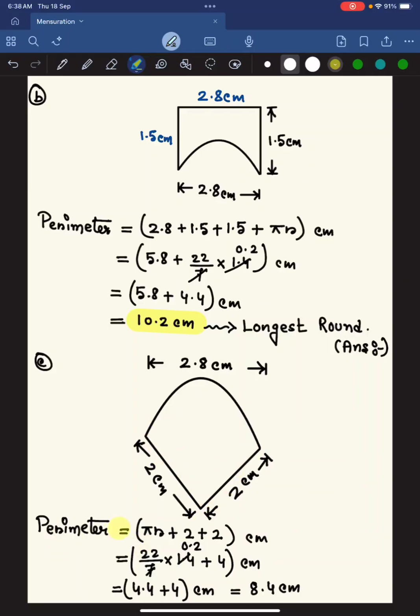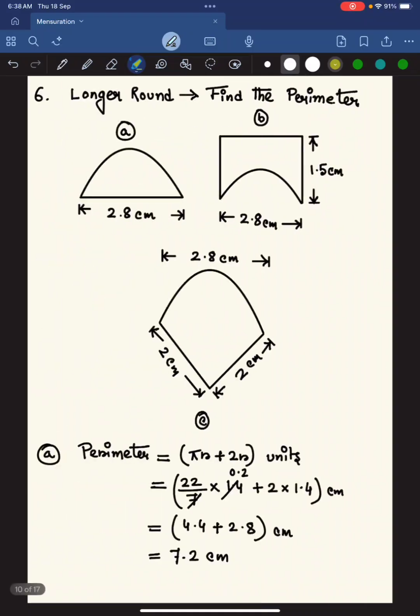So the perimeter becomes pi r plus 2 plus 2. So it equals 22 by 7 into r. This is 2.8, the diameter, so the radius will be 1.4, plus this 2 plus 2 becomes 4, which equals 4.4 plus 4, which equals 8.4.